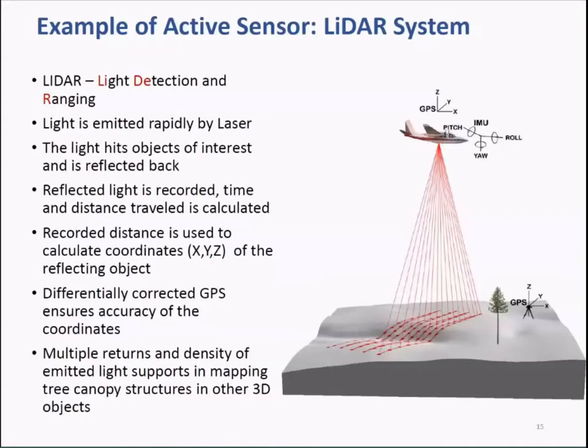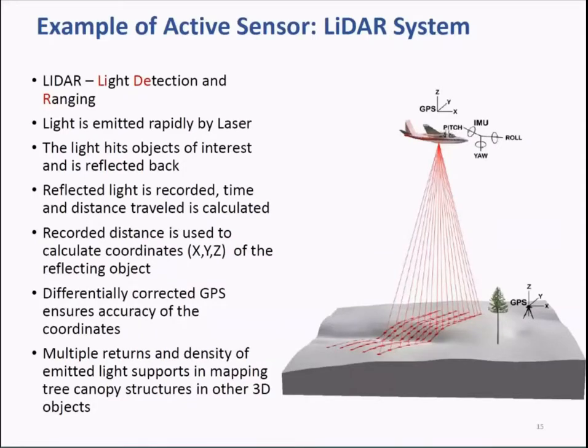This light hits objects and then is reflected back. So what a laser system does is to calculate the distance between the emitting platform and the object.